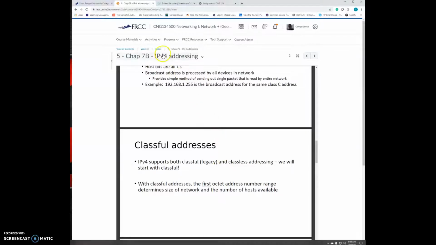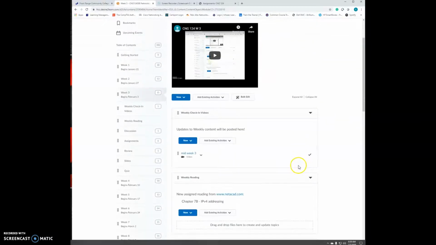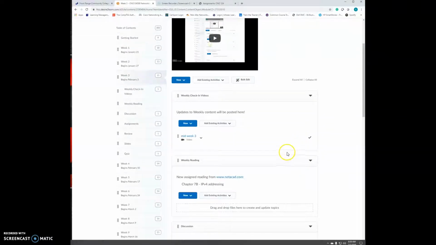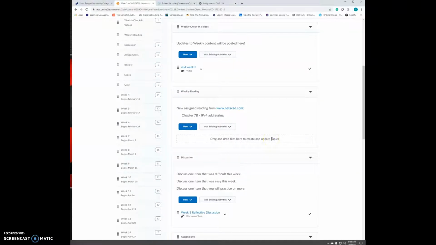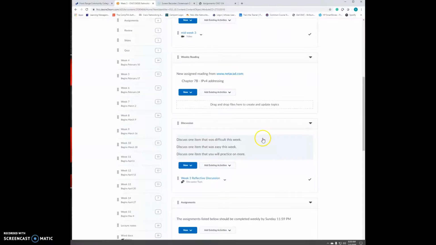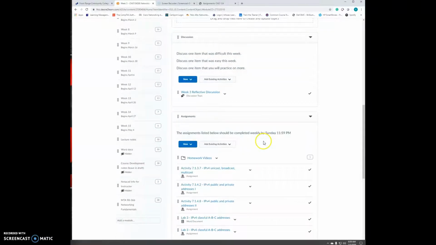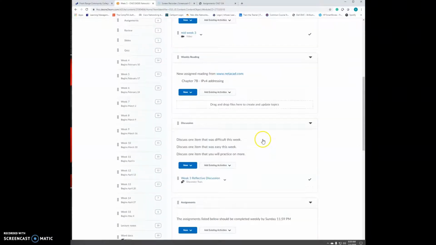This week, looks like we get into IPv4 addressing, which is basically manipulating some binary too. Let's see if I can get into the notes.